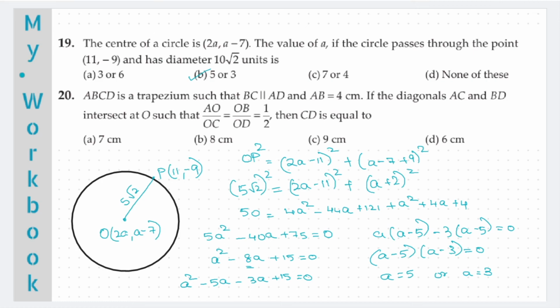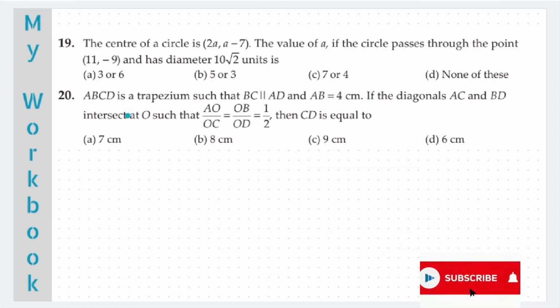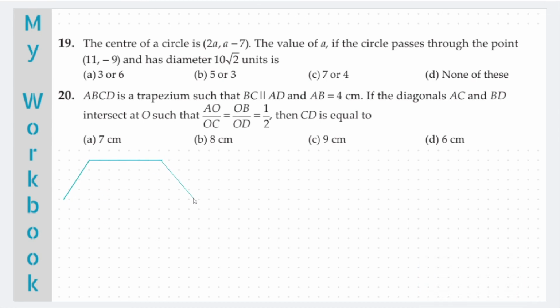Now let's solve question number 20. ABCD is a trapezium such that BC is parallel to AD. So let's first draw the diagram. A, B, C and D. We can see that BC and AD are the parallel sides.